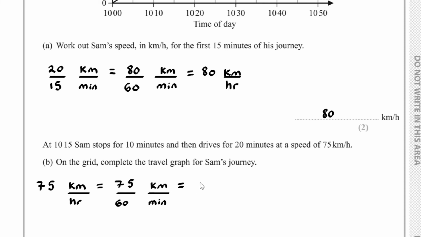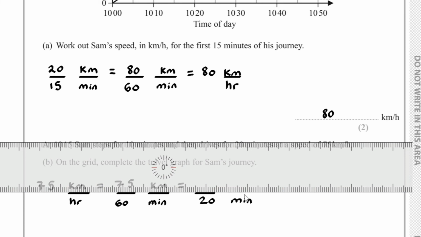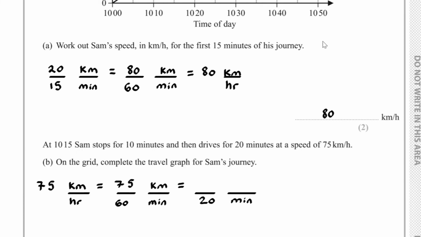So what we really want is to have 20 minutes. And so from 60 to the 20, I divide by 3. 75 divided by 3 is 25. So that means he travels 25 kilometres in 20 minutes.